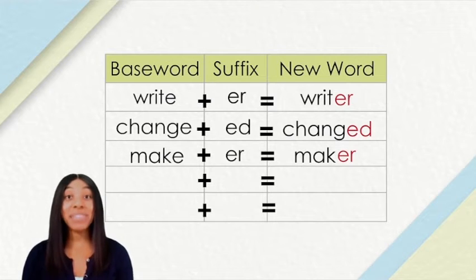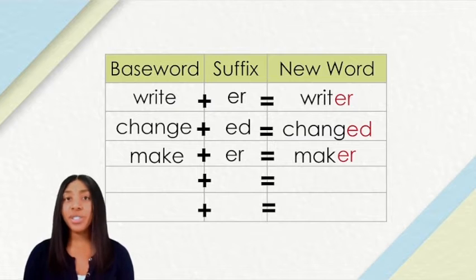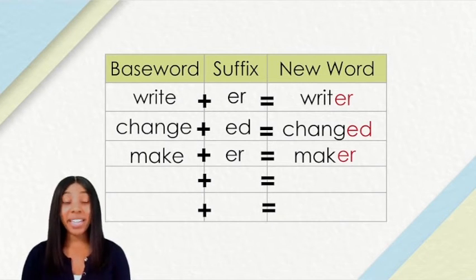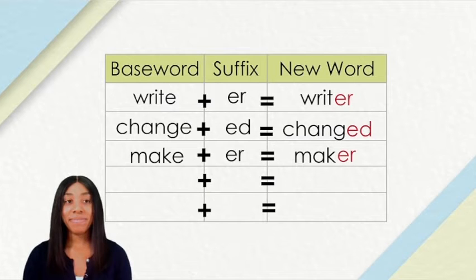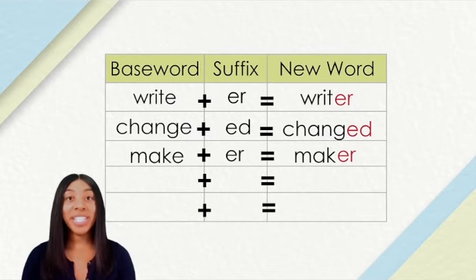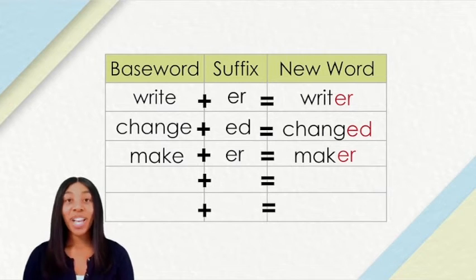The E was dropped again when we added the suffix er. Do you notice a pattern? What is the pattern? When a suffix begins with a vowel, the E ending of the base word is always dropped. Go ahead and write down the word maker.